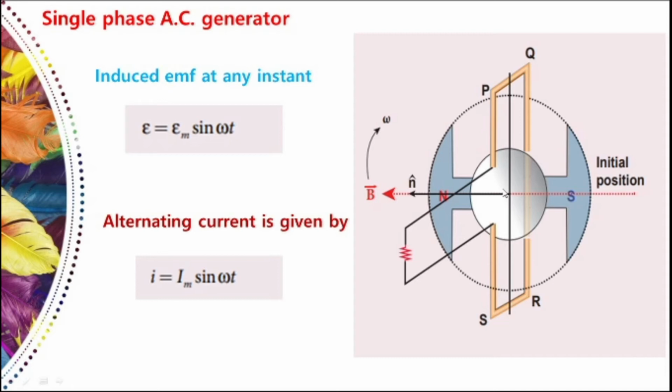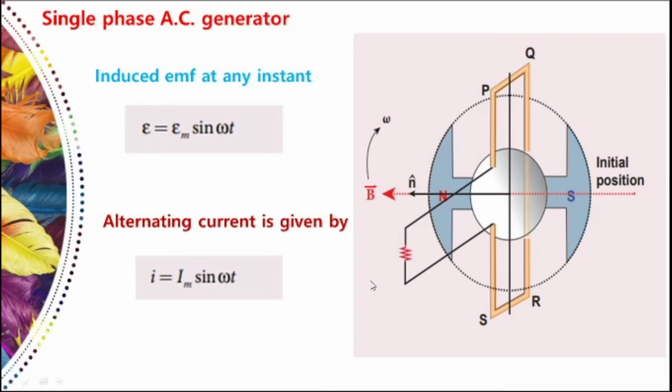in its initial position, what is the angular displacement made? That is omega t equal to 0.